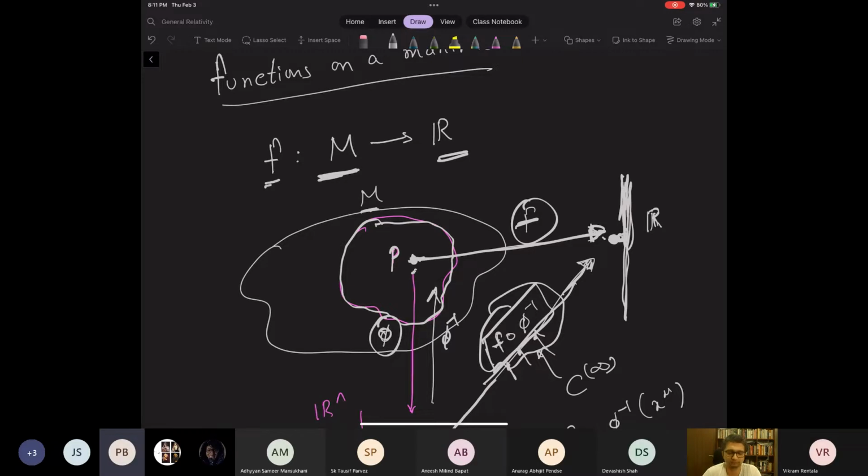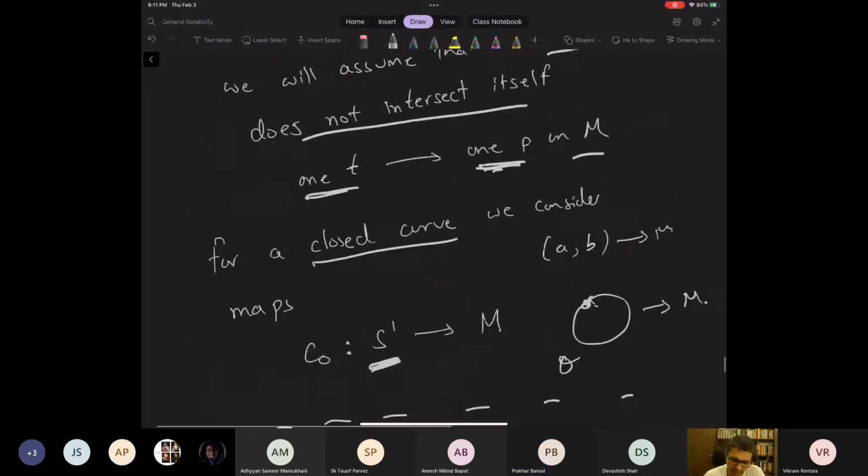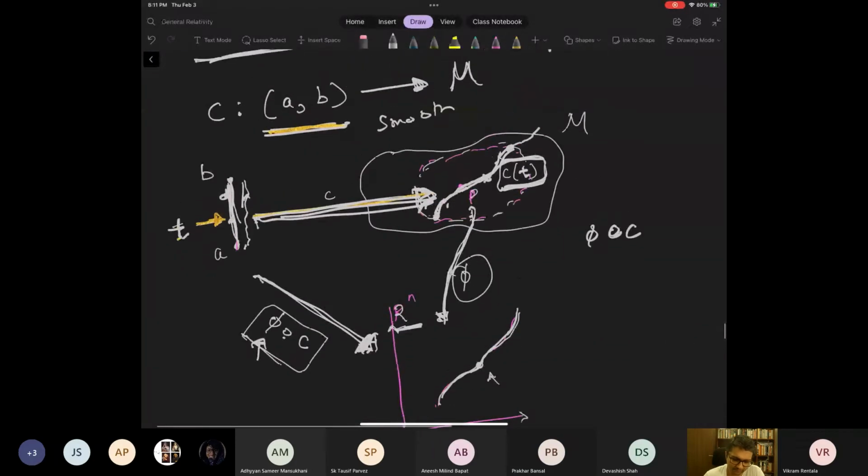Sir, could you please repeat the point about the closed curve? Yeah, so for an open curve, we assume that this is non-intersecting. By definition, we assume that this map is such that for every t belonging to (a, b), the point in M is unique, so this is a one-to-one function.